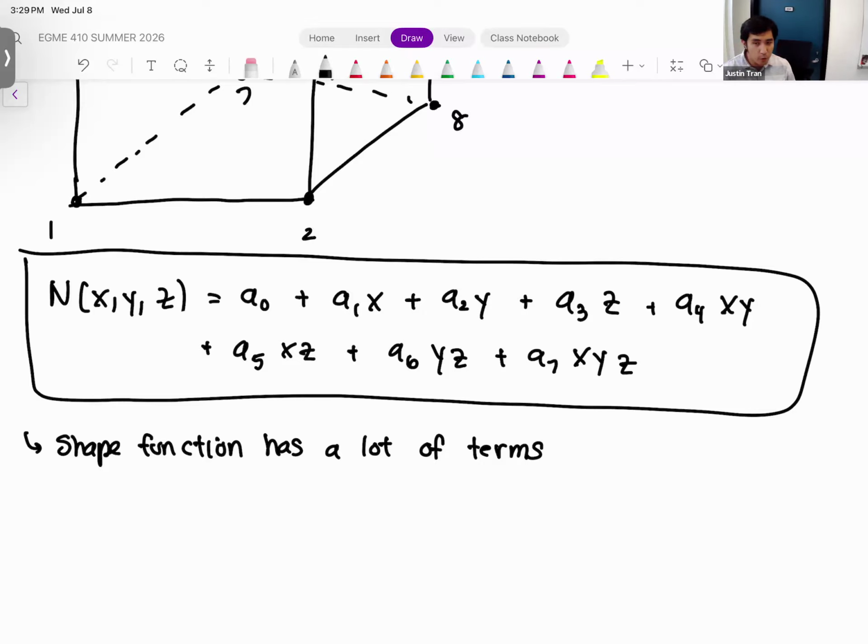So that's a nice benefit, of course. The fact that our shape function has quite a few terms means that we can capture a lot of good solution behaviors.